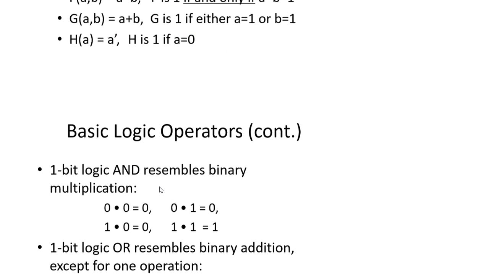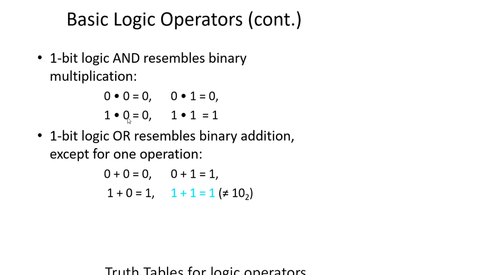Now let's see how and works. See here, and is an operator which uses the symbol dot. Dot is the operator for and, which simply means that it is like a multiplication. You can see here, this is multiplication. But you have to take the binary values only, either 0 or 1.